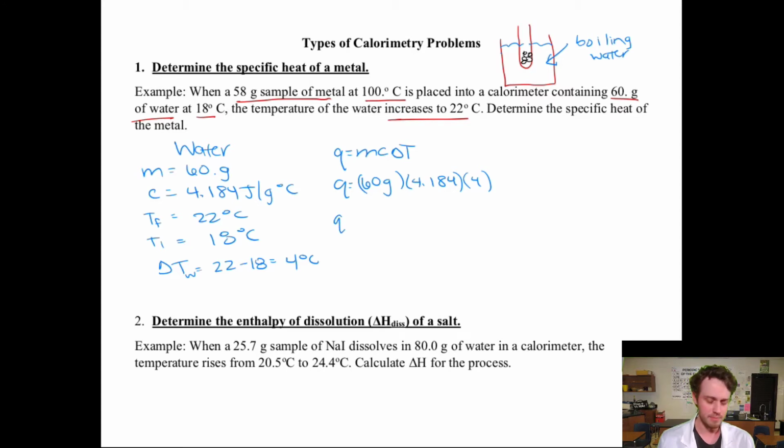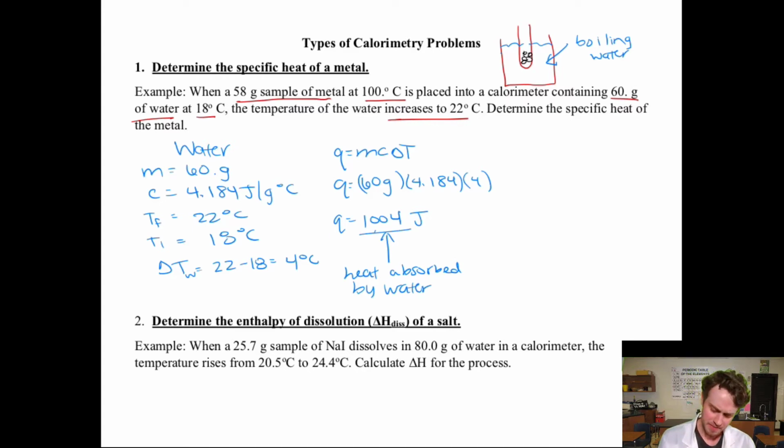So then I'm going to multiply 60 times 4.184 times 4, and I get 1,004 joules. So that represents the heat that is absorbed by the water. And I know it's absorbed because I end up with a positive number there. So that means that the water absorbed it.